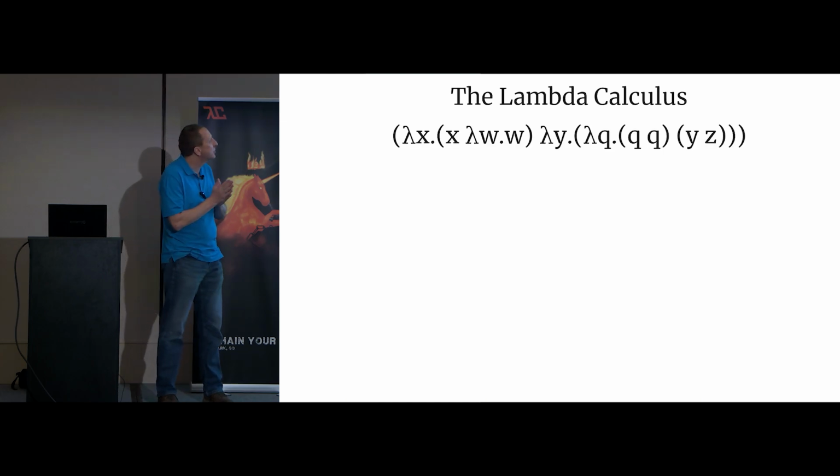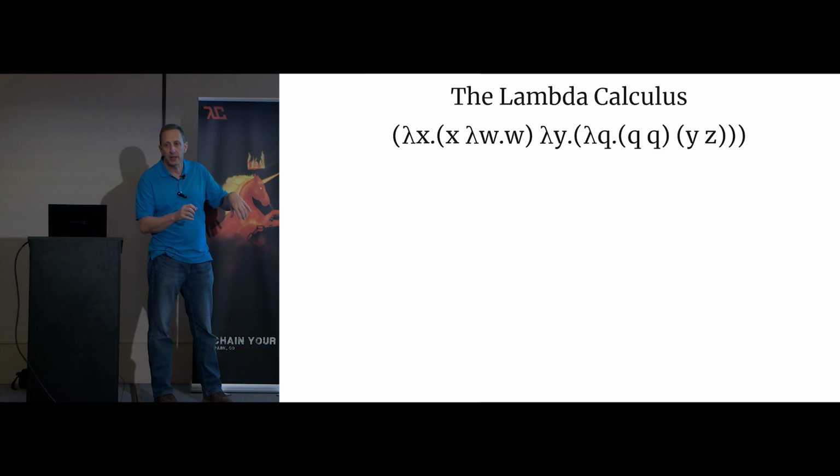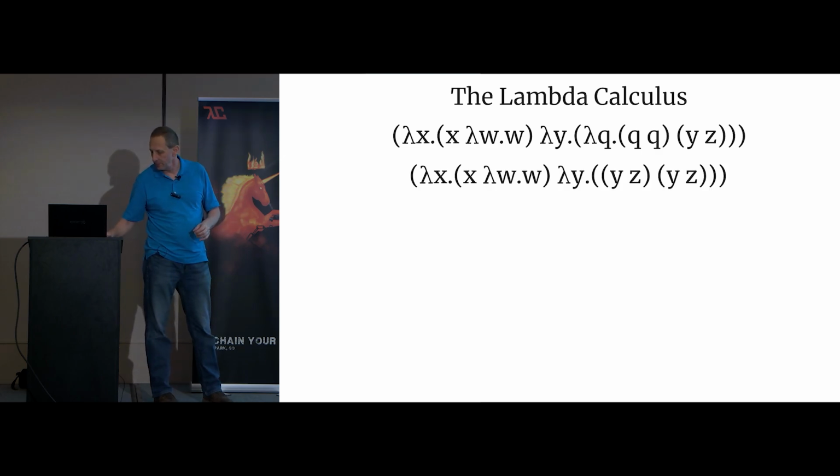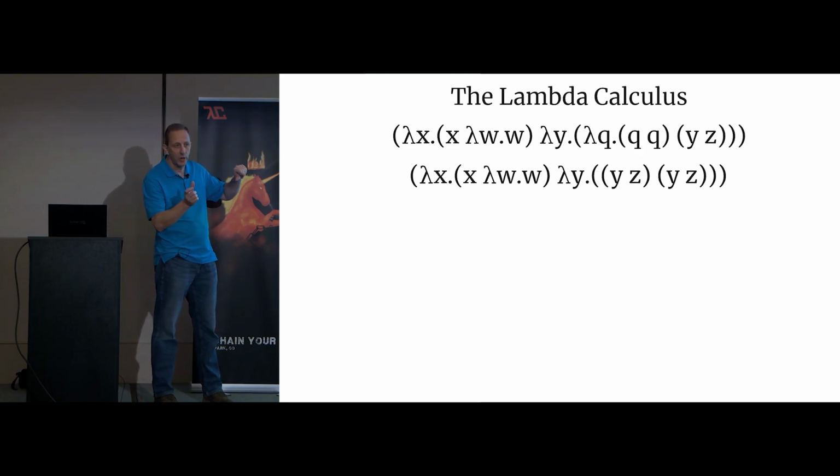So here's an example, quickly. We have 2 expressions. One is a lambda expression on the left being applied to a lambda expression on the right. So let's start with that lambda expression on the right. Inside of it, it's the lambda q expression, which is being applied to the application expression yz.